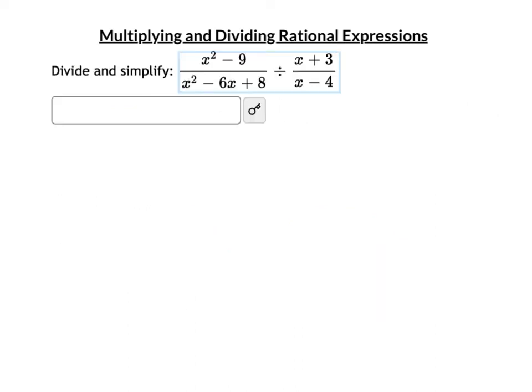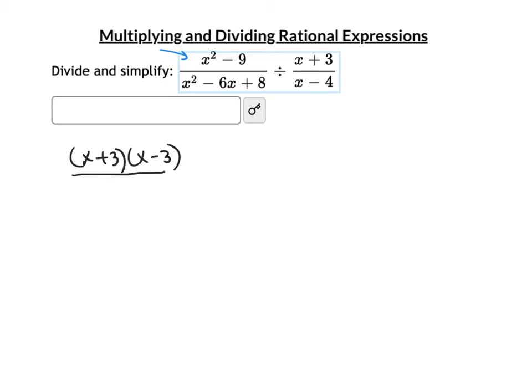In this example, we'll do the question and we'll also name the restrictions. Some questions will ask you for the restrictions, others will not. This is divide and simplify. We want to factor. In the numerator, we have x squared minus 9. That is a difference of squares. It is, in fact, x plus 3 times x minus 3.